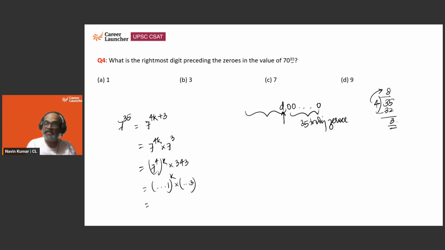Any number that ends in 1, no matter what power you give it, will always end in 1, into a number that ends in 3. So the product will end in just 3. So this digit is going to be 3, and option B becomes our answer.